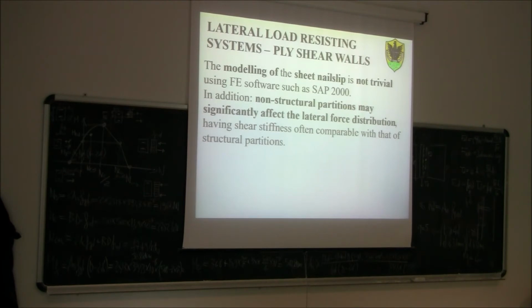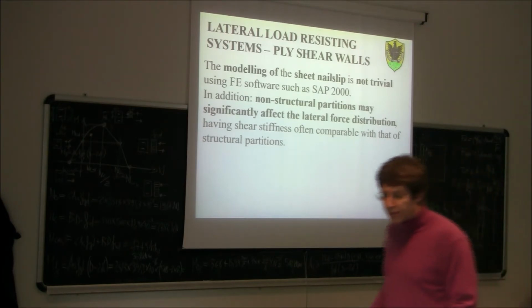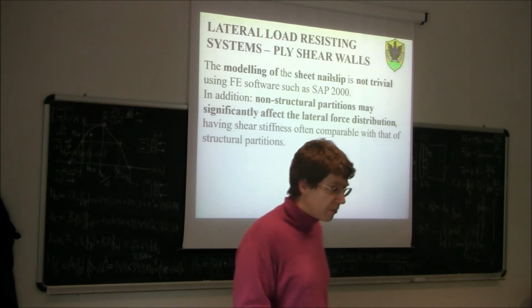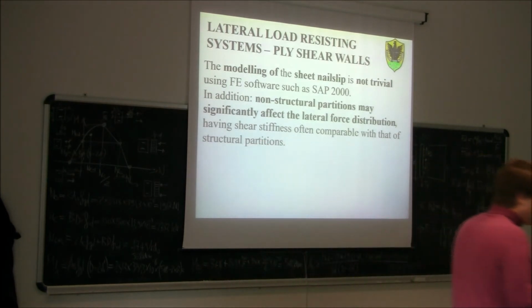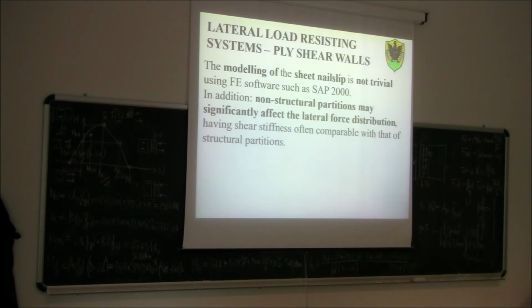But in this case, the stiffness of a gypsum plasterboard is not much lower than the stiffness of a shear wall. So they have some value in some way comparable. Meaning that if we ignore the stiffness of this gypsum plasterboard, as we usually do, we are losing one component of the stiffness of the structure, which is more or less the same as the other, not much different.